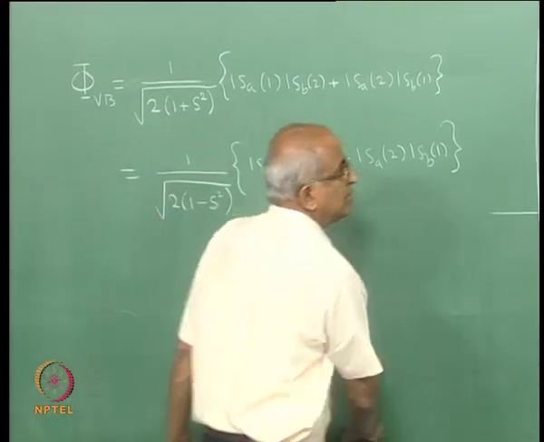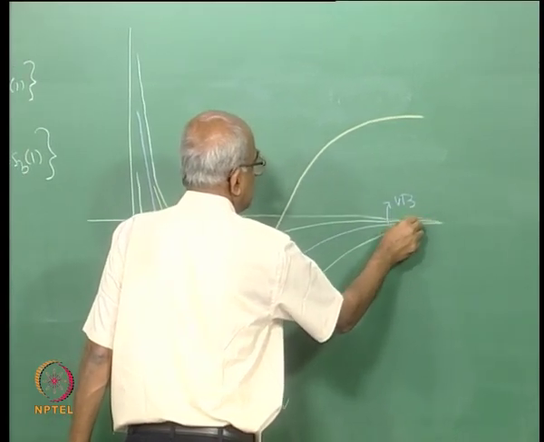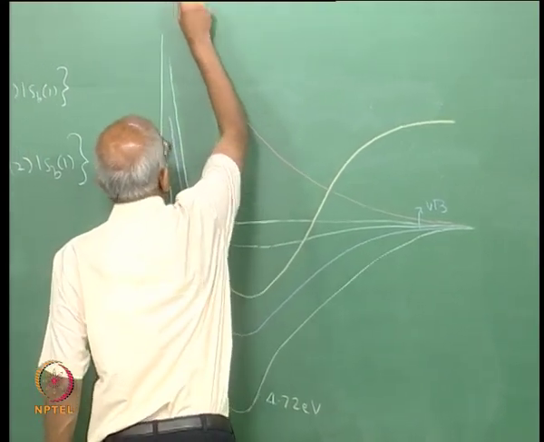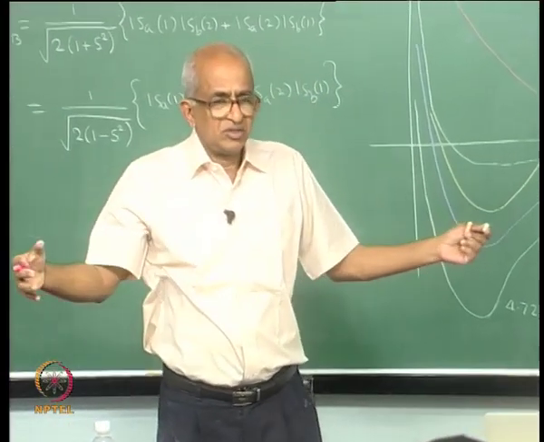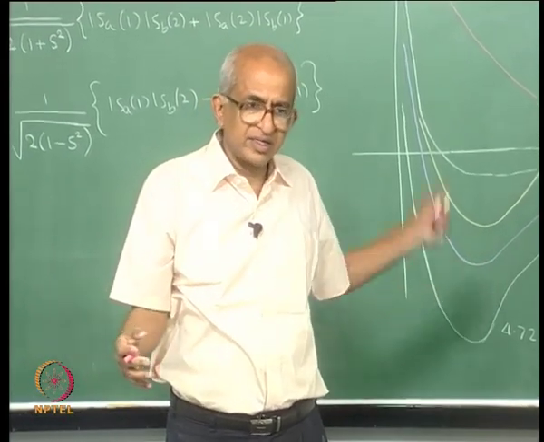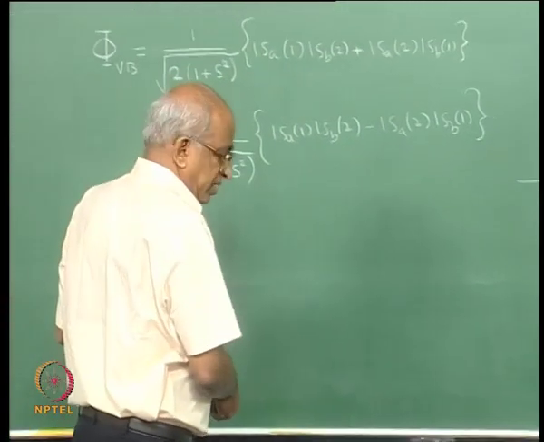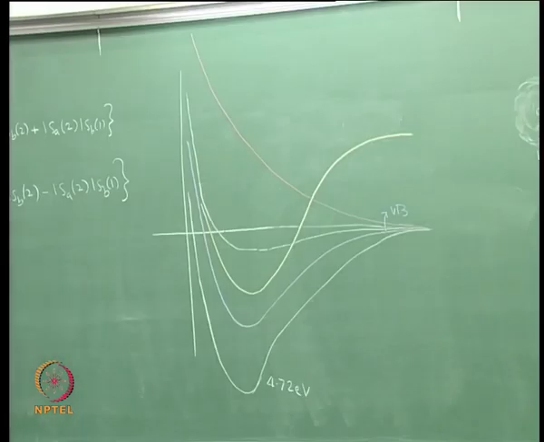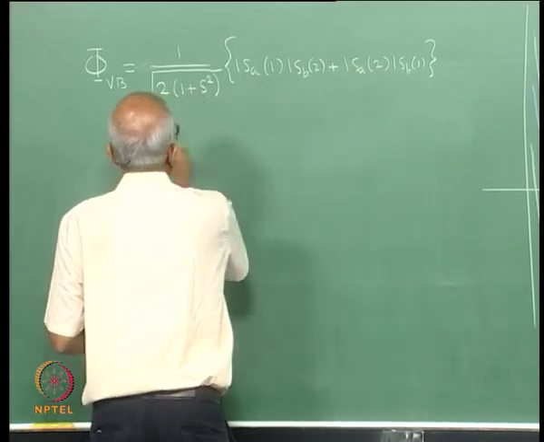In that case, you will find that there is no bond formation, but the system is actually repulsive, meaning no molecule is formed. That is some excited state of the system. So, let us forget this, we are not interested. This is the case where there is a bond formed.